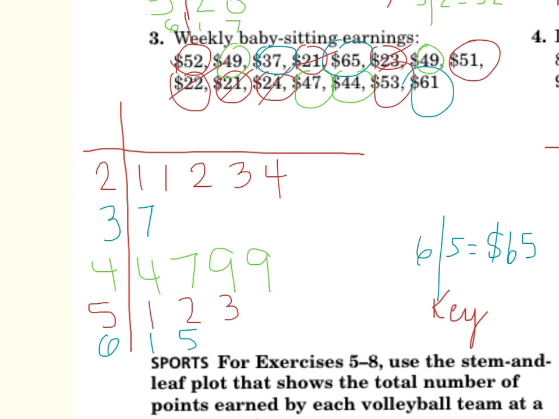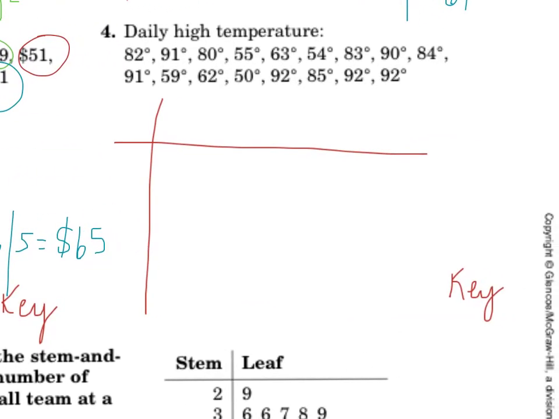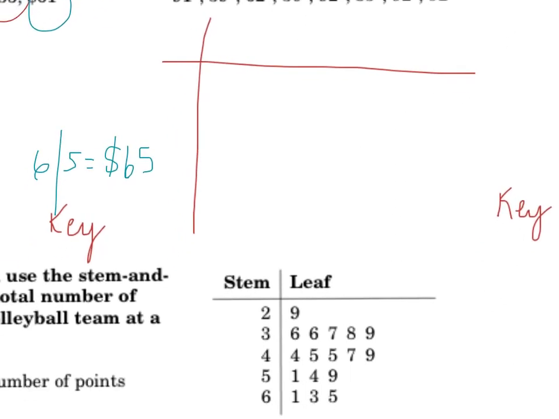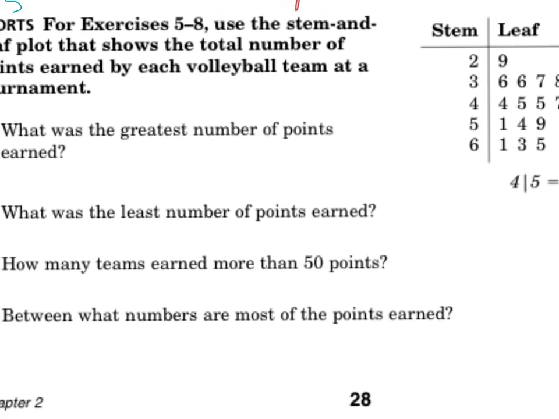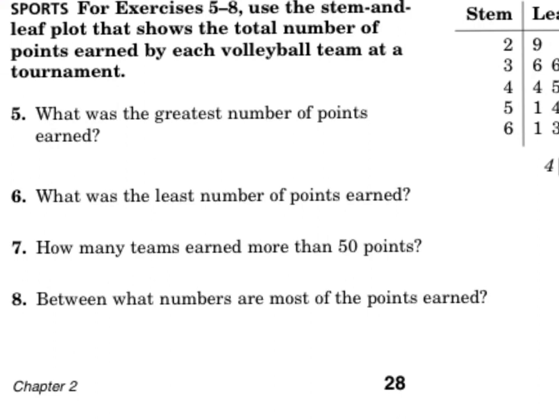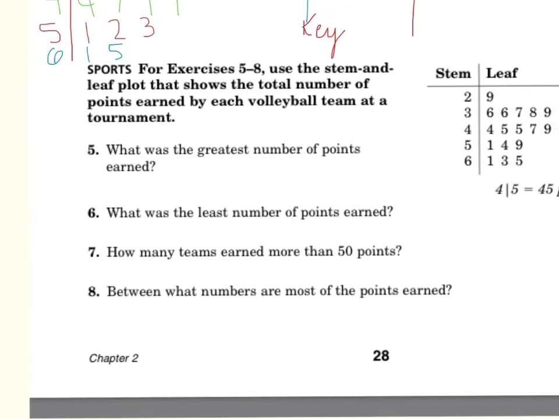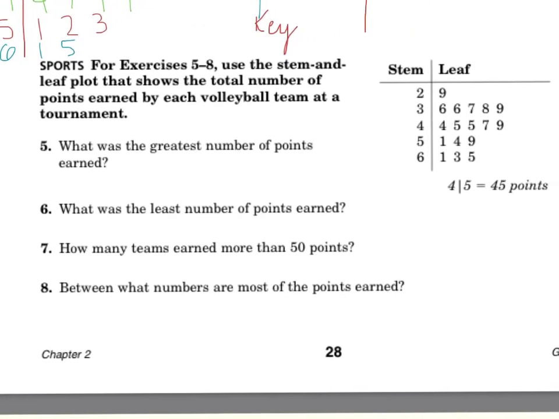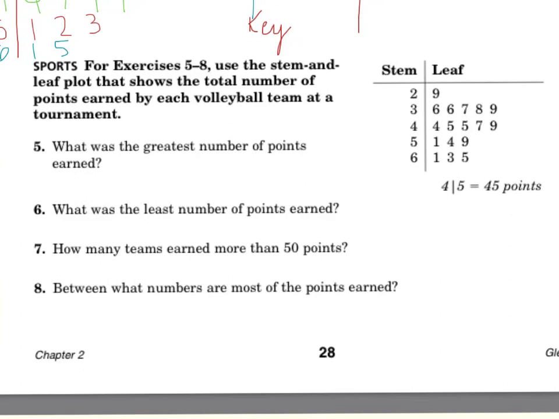Okay, now your job is to make a key, make a stem and leaf plot on your Cornell notes for number 4. You may need to pause it. Okay. And then you're going to do number 5, 6, 7, and 8 on your own.